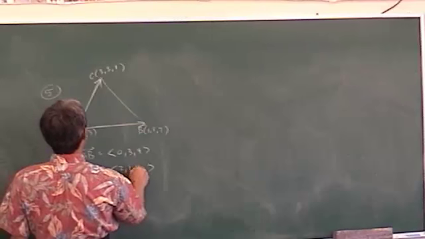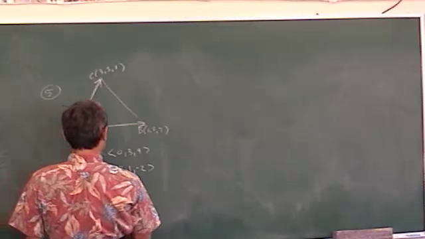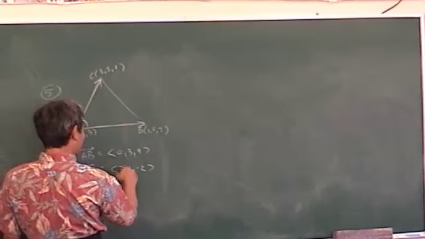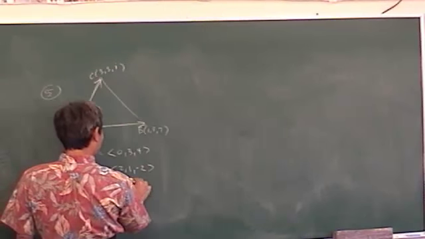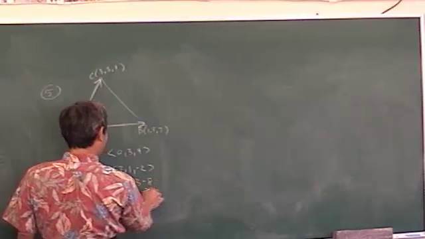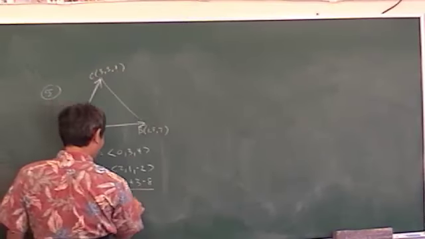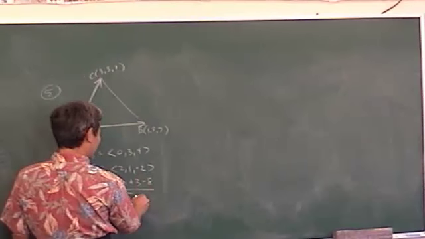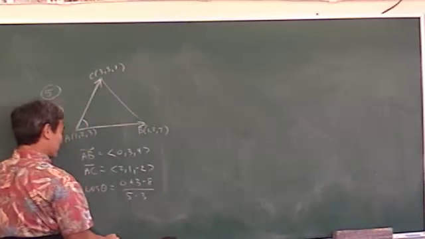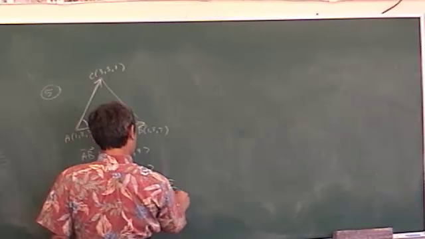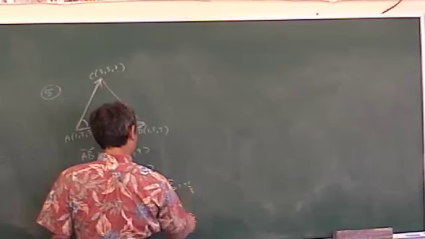2, 1, -2. So to find the cosine of the angle formed by the two vectors, you compute the dot product, which is 0 plus 3 minus 8, all over the length of this vector, which is 5, and the length of this vector is 3. Ooh, comes out nice. So that's -5/15, which is -1/3.